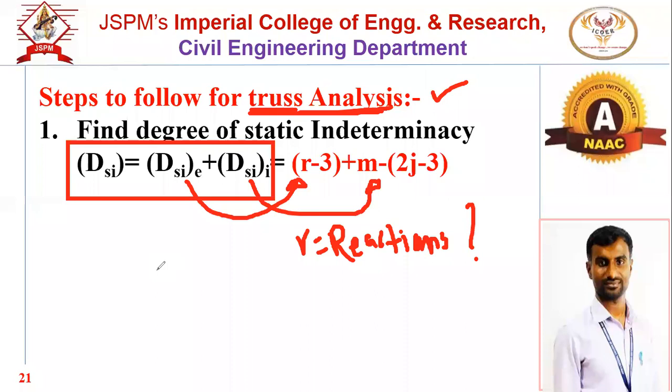On which factor will the number of unknown reactions depend? We say unknown reactions are 2 or 3, what do they depend on? Yes, anyone?